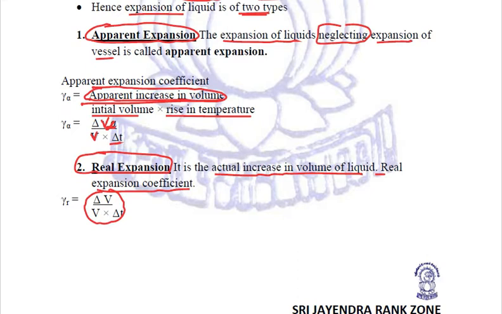It also includes the expansion of the solid, because the vessel in which the liquid is heated will also expand upon heating. So that effect is also considered. So these are the two types of expansions in liquids.